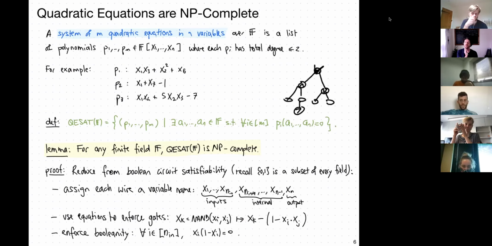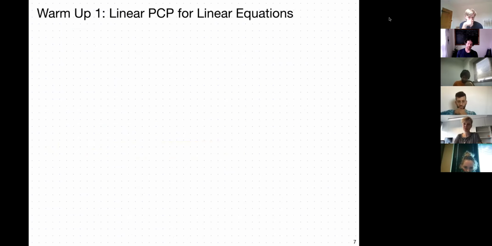It's a classical thing. You can see it in the complexity book or Barak, maybe in the first chapter. Nothing really deep. And now we want to take this particular problem and show a linear PCP for it.